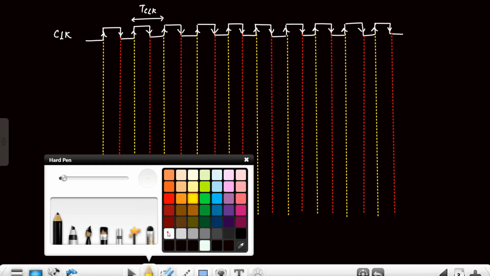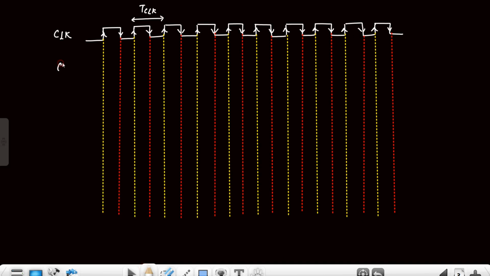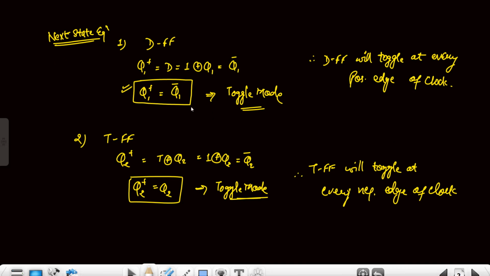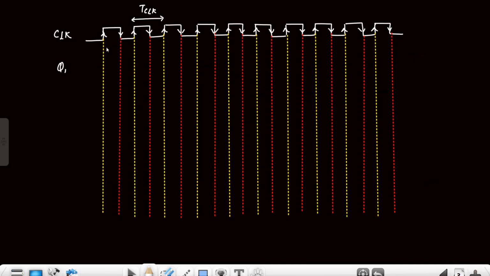Now first of all we draw the waveform for Q1. Q1 is the output of the D flip flop, and it will simply toggle at the positive edge. It will be drawn like this: first it is 0, then it will be 1 at the positive edge, then again 0, then 1, then 0. This is the toggling.